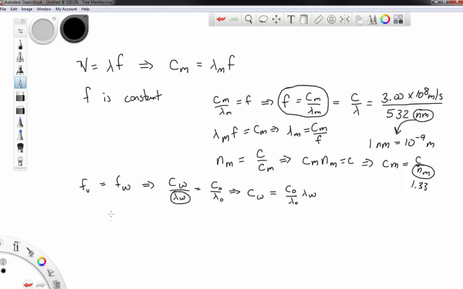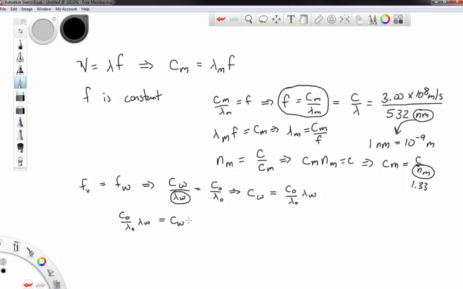Now for the hard part of this equation for a lot of you guys, we need to make sure that the wavelength in water is on the left-hand side, because that's what we're trying to solve for. So the equation now looks like this.